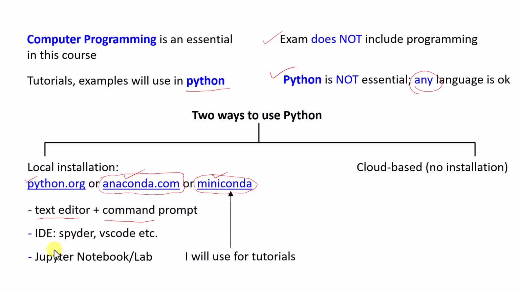Our second option is that we can use a standard IDE, that is integrated development environment, such as Spyder or VS Code. In IDEs, we can write and debug code and then run the code within the IDE without using a command prompt. Third, we can use an interactive Python or IPython cell in Jupyter Notebook or in Jupyter Lab.